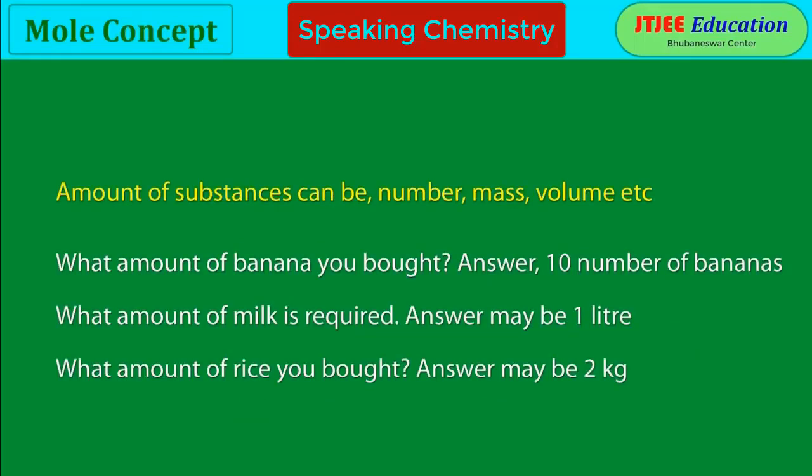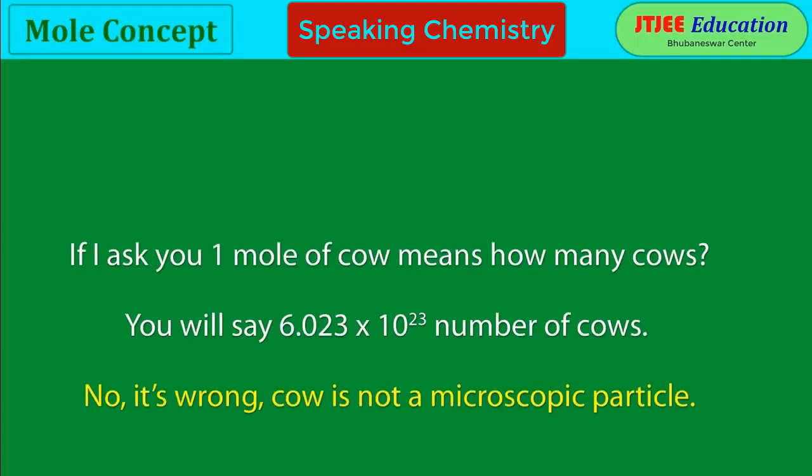Amount can be number, mass, volume, etc. What amount of banana did you buy? Answer: 10 bananas. What amount of milk is required? Answer: maybe 1 liter. What amount of rice did you buy? Answer: maybe 2 kilograms.